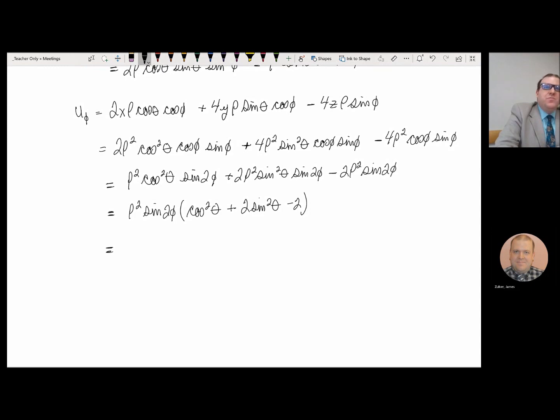So you're saying write 2 sine squared as sine squared plus sine squared? Yes, you can do that. Right, then you'd have what? You'd have a sine squared minus 1, which could be simplified further.